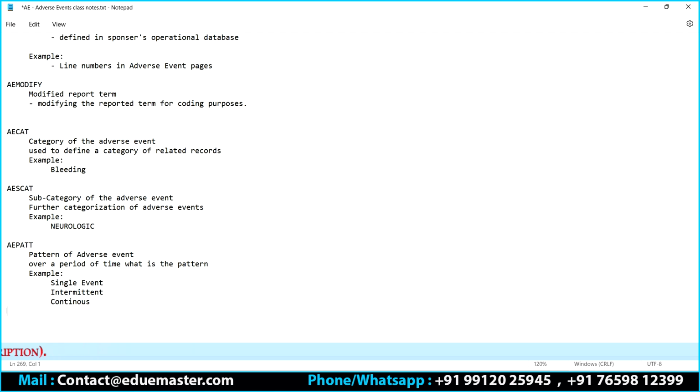All these are going to be your patterns, because you are defining with respect to time. It may happen only once, on and off, or continuously. Correct?